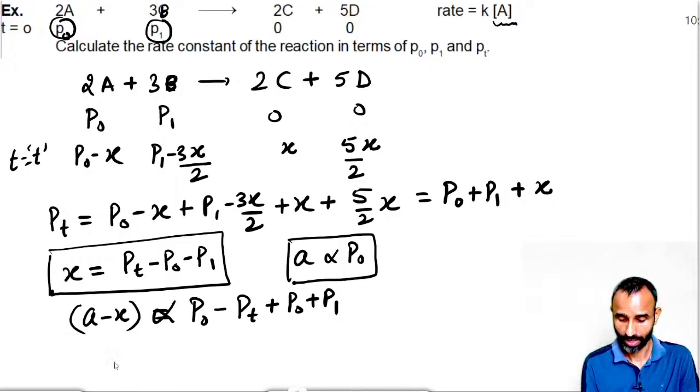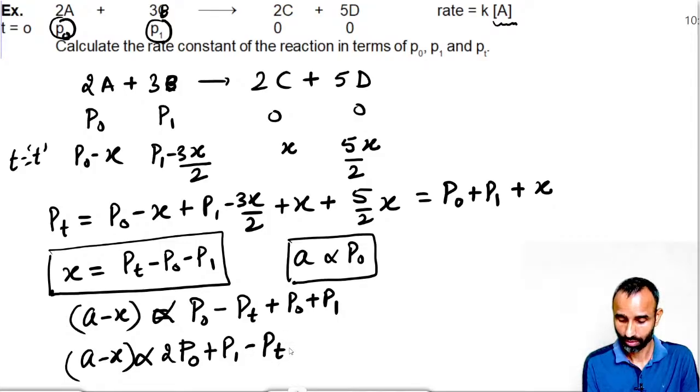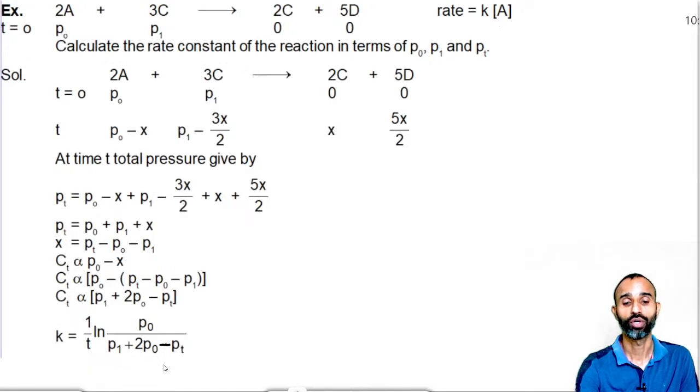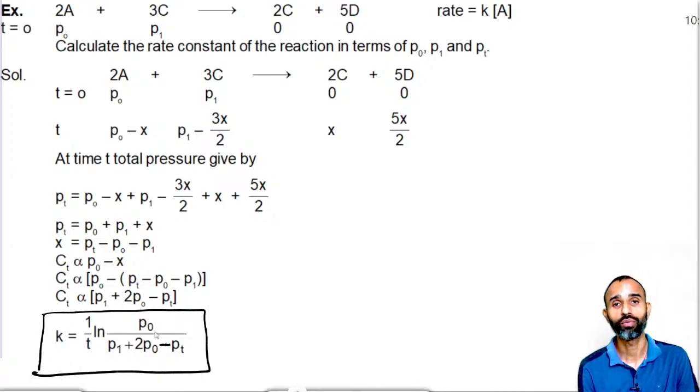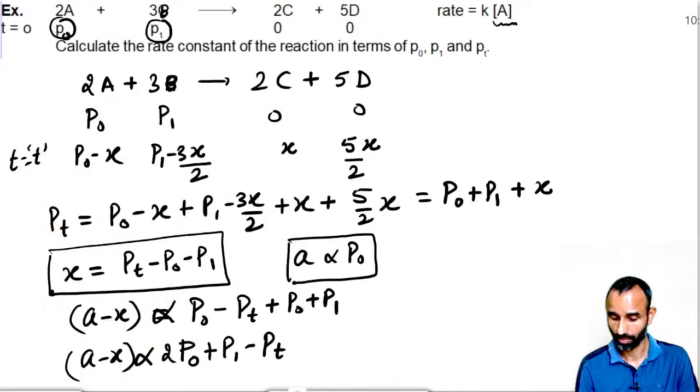That implies A minus X is proportional to 2 P naught plus P1 minus Pt. So A and A minus X we have, so we can calculate the rate constant. See, rate constant comes out to be 1 upon T natural log of A upon A minus X, that is P1 plus 2 P naught minus Pt.